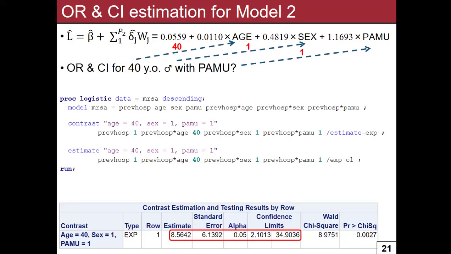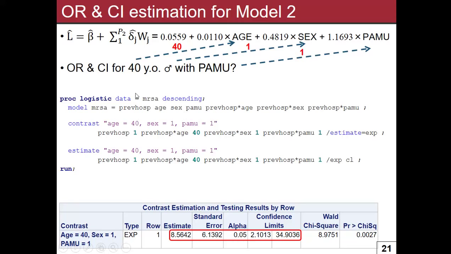So that's the deal on the estimate and on the contrast statements. Notice you don't have to put age, sex, and PAMU in. The stuff that is essentially times 0, you don't have to leave in there. You actually can write age 0, sex 0, but you don't need to. So again, the EVW approach lets you quickly identify that we're not going to put age, sex, and PAMU in the contrast statement.